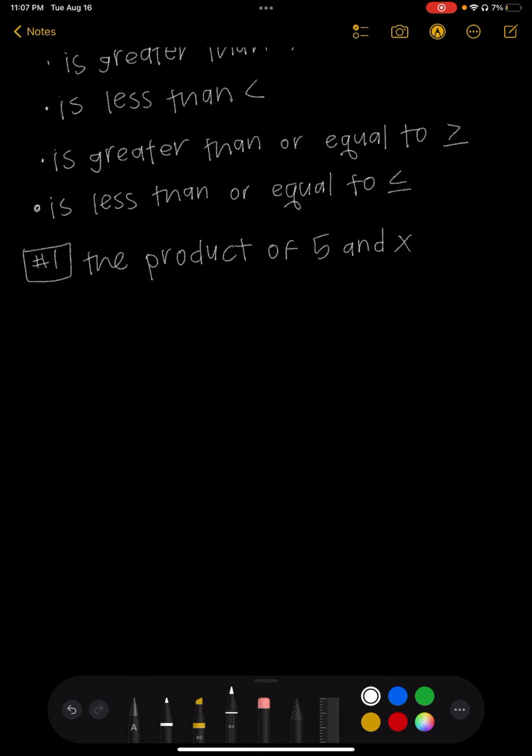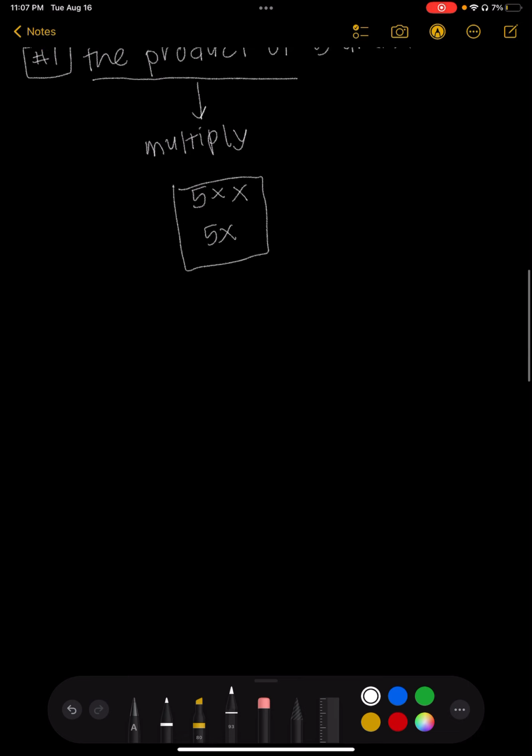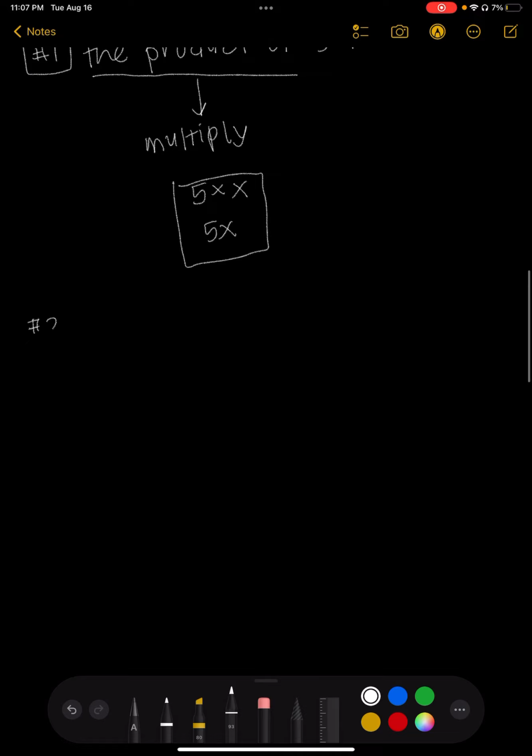So the product of was on our list for multiply, so I'm just going to write multiply right here, which means I have to multiply 5 and x. So I could write 5 times x, or I could simply write 5x. Both of those would work.